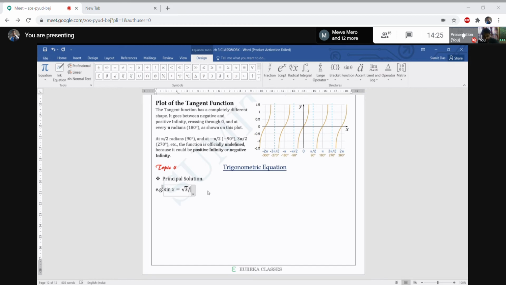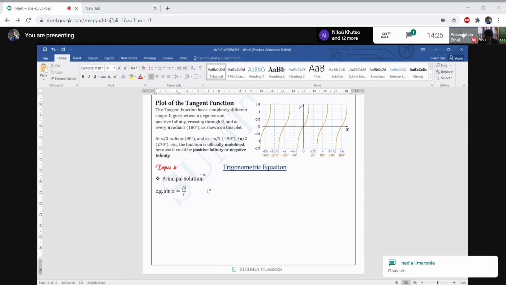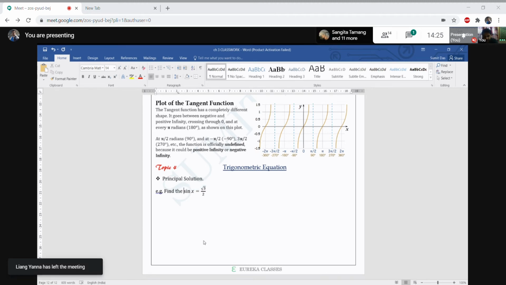Suppose the question is to find the principal solution of sin x equal to root 3 by 2.